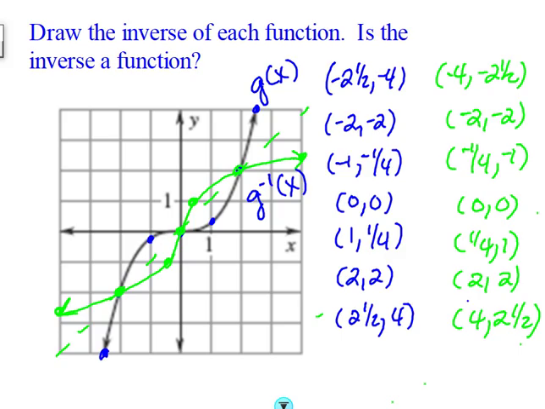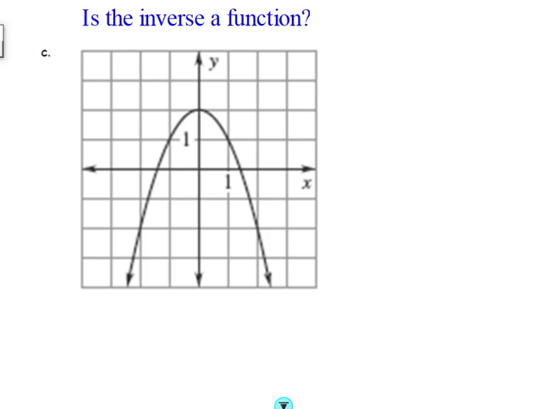Alright, let's look at one more example. Notice here again we have a function. We can call it h of x if we want to. Alright, pick some points. Write down the coordinates of those points.